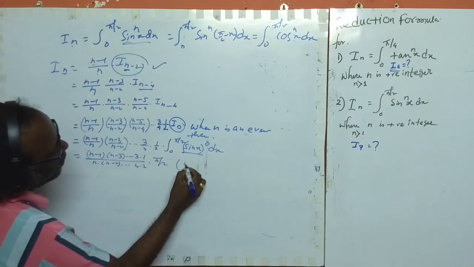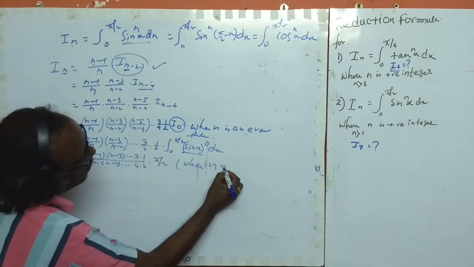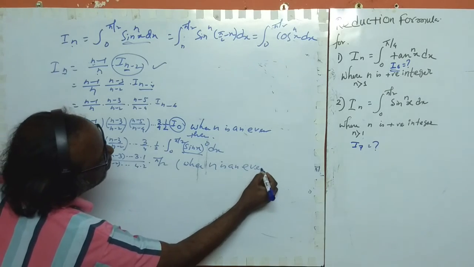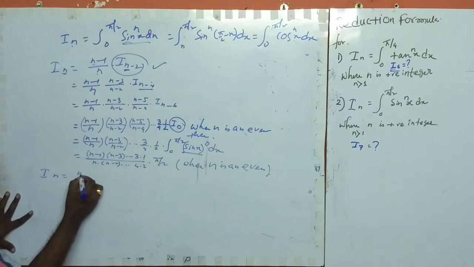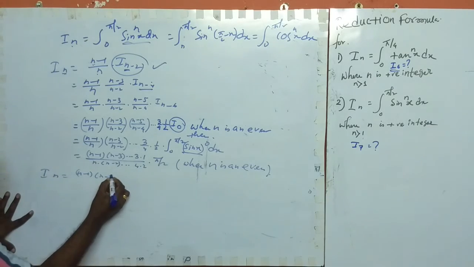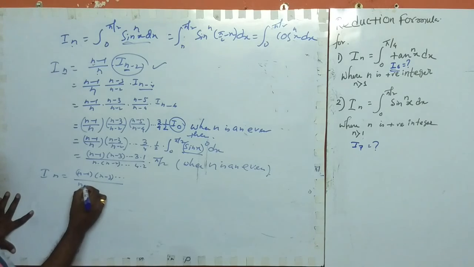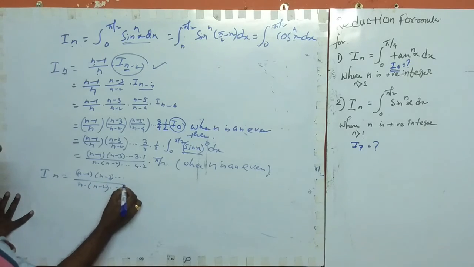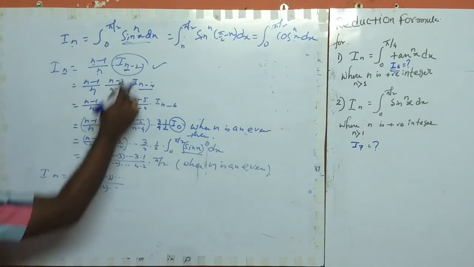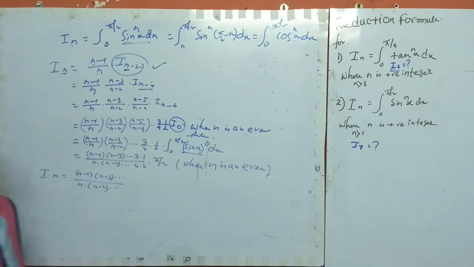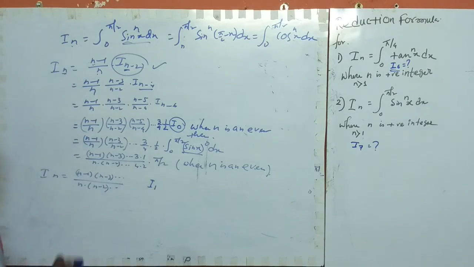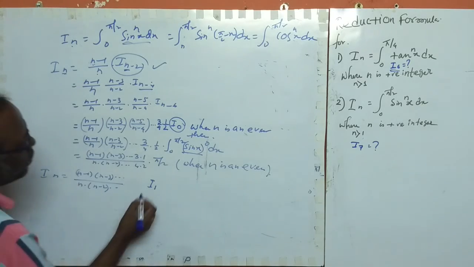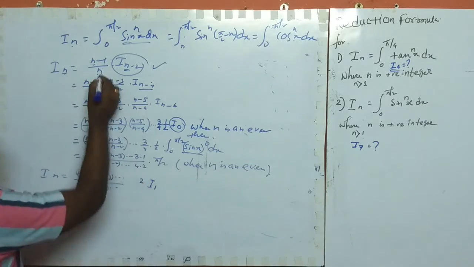Okay, when n is an even number. Now when n is odd, In is the same: n minus 1, n minus 3 by n minus 2 here. For this sequence, the last odd number will be 3. If you put 3, then we get I1: 3 minus 1 is 2, and this is 3.